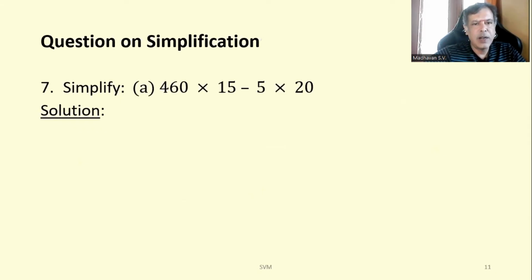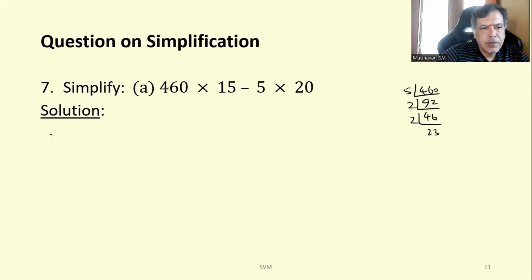Simplify 460 into 15 minus 5 into 20. So 460, let us factorize. 5 9s are 45, 5 2s are, so 2, 46, 2, 23. So this 460 can be written as 2 square into 5 into 23. 15 can be written as 5 into 3.